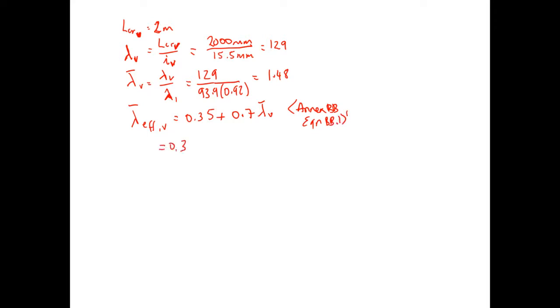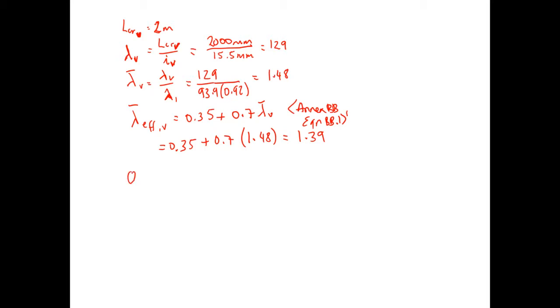So that's 0.35 plus 0.7 times 1.48. Yes, that's 1.39. Okay, so that's the non-dimensional slenderness value.